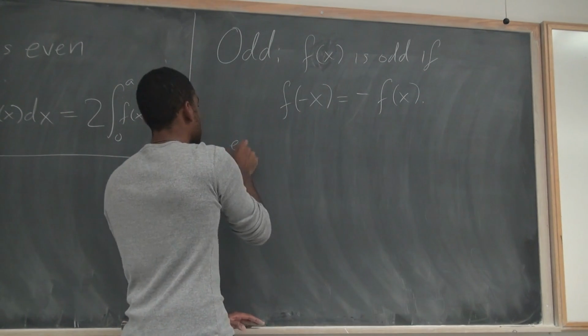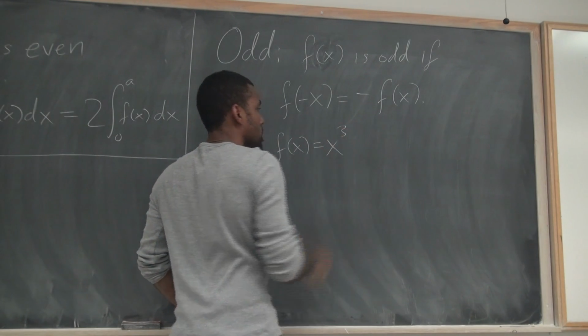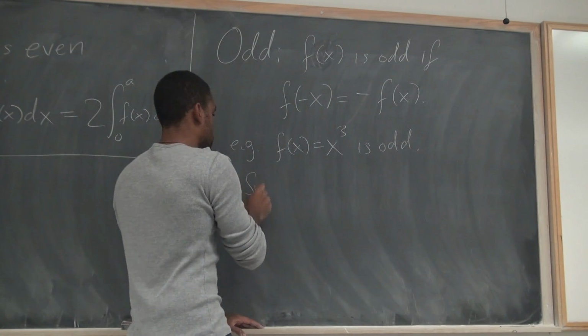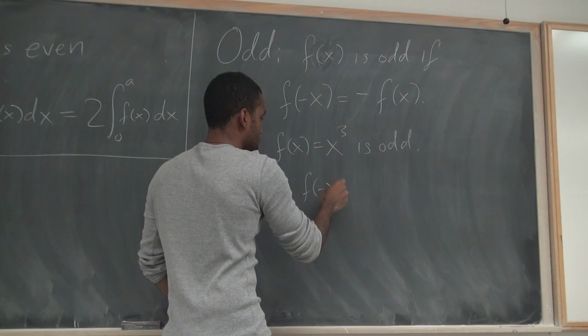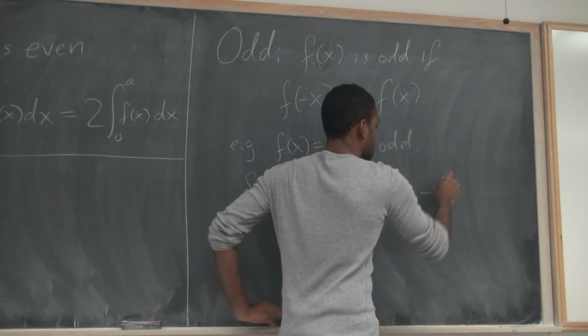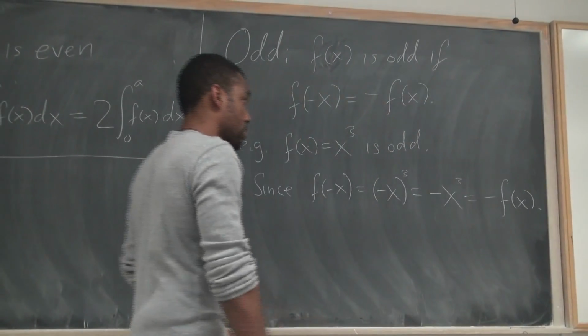Right? So for example, f of x equals x cubed is odd. Right? Since if I take f of minus x, I would get minus x cubed, which is actually just the negative of x cubed, which is the negative of the original f of x. Right? So that's an odd function.